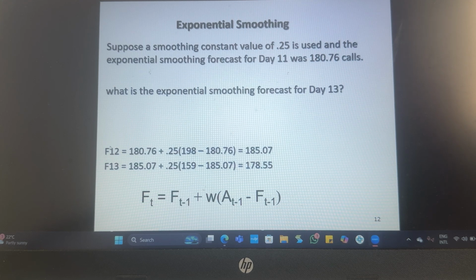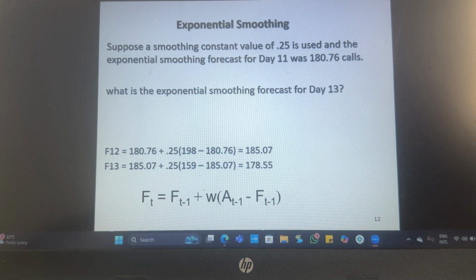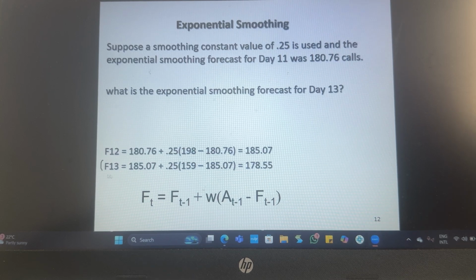Suppose we need to get F13. What is F13? Forecast for the 13th day, sir. Okay, forecasting for day 13. But we have the data up to day 12, right?